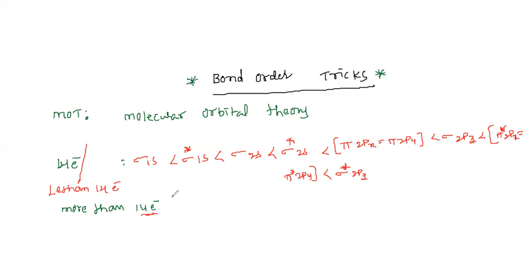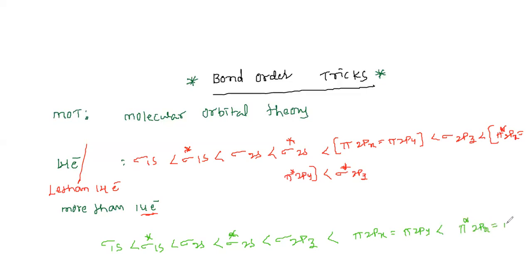If it is more than 14 electrons, I will give another formula. You have to fill the electrons by this method: sigma 1s, then sigma star 1s, sigma 2s, then sigma star 2s, then sigma 2pz, then pi 2px equal to pi 2py, then pi star 2px equal to pi star 2py, then sigma star 2pz.